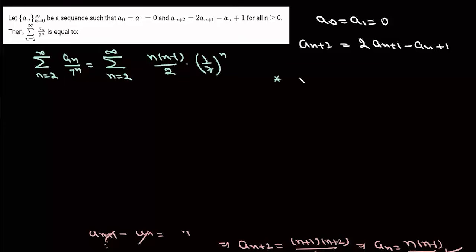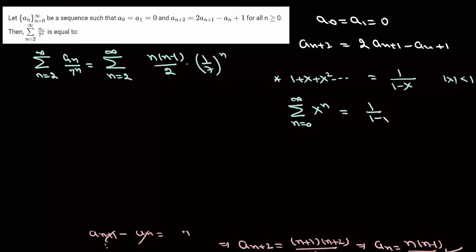Now we know that 1 plus x plus x square up to infinite is 1 upon 1 minus x when x is less than 1. So basically this is the summation of x to the power n, where n varies from 0 to infinite, and this is 1 upon 1 minus x.